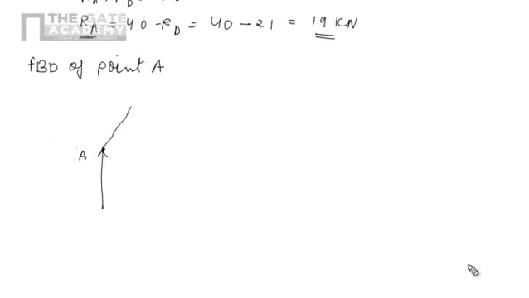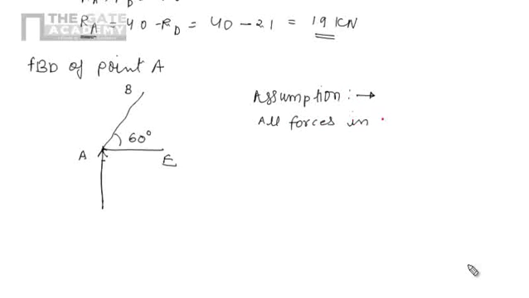In A point, there are two members, AB and AE. This angle is 60 degree, and we have to find out the force in member AB and the force in member AE. So our assumption is all forces in members of truss are tensile.